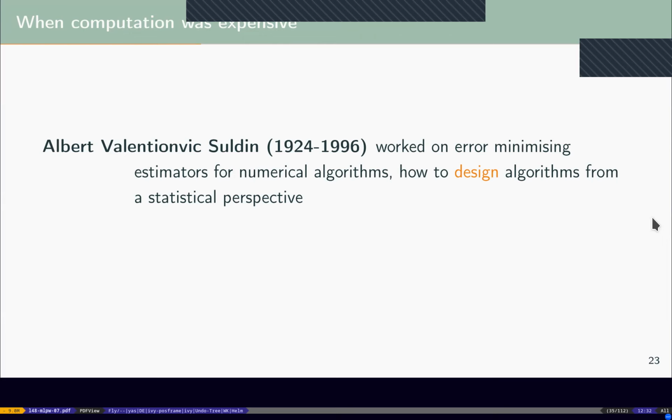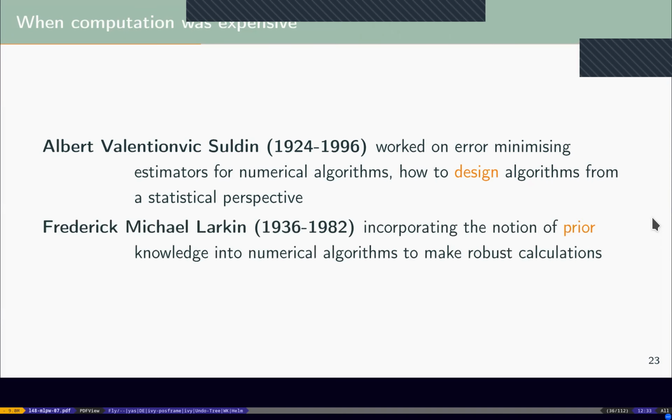And effectively what this led to was how do you design algorithms from a statistical perspective. Lots of really cool stuff there. And then in the UK and later in the US, Fred Larkin was looking at the notion that we talked about: how can I incorporate prior knowledge of what I'm computing into numerical algorithms? And he thought about this from a robustness perspective.